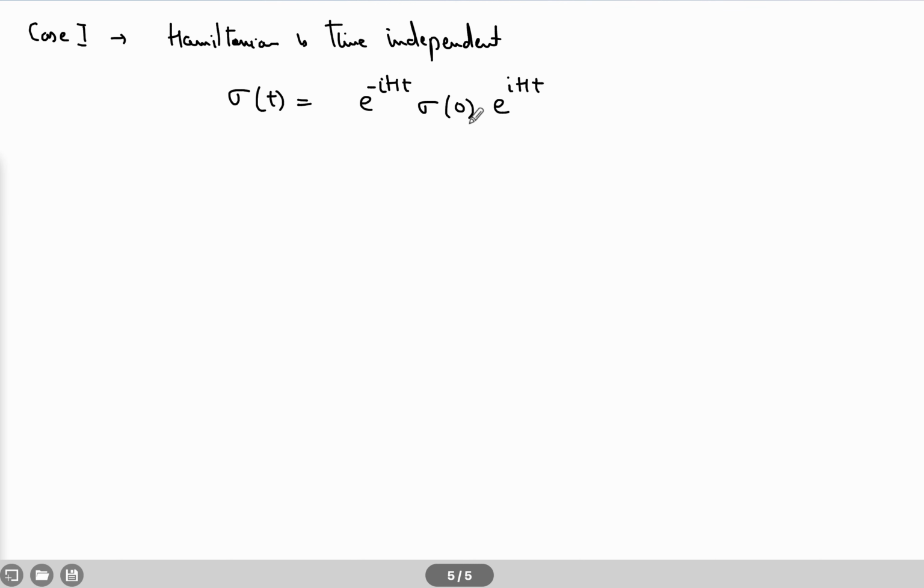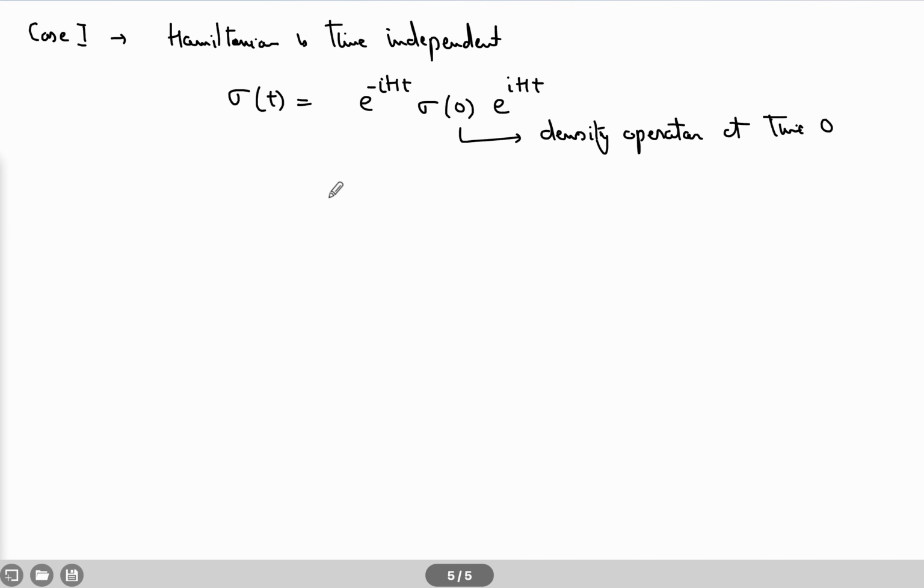Here sigma(0) is the density operator at time 0, and sigma(t) is the new density operator after time evolution, at time t.